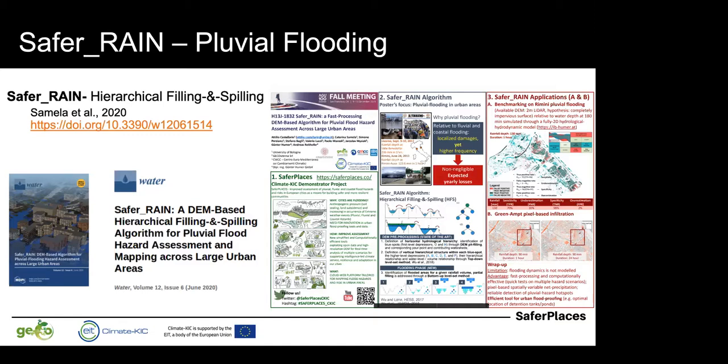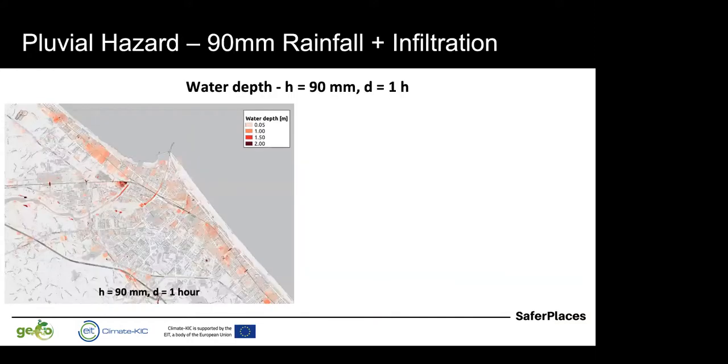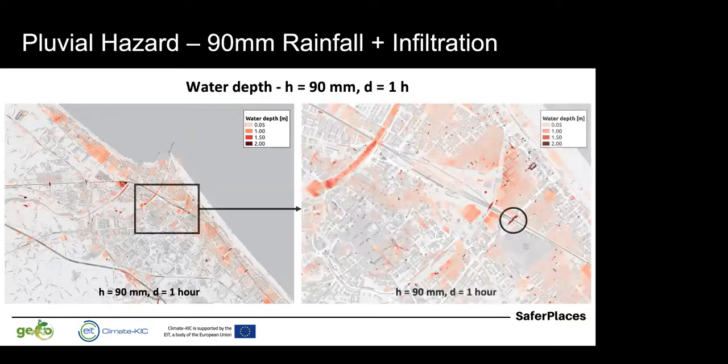If you are curious and want more information, I invite you to download the publication and read the details about the Safer Rain model. This is, for example, an application in the city of Rimini, located in Italy.